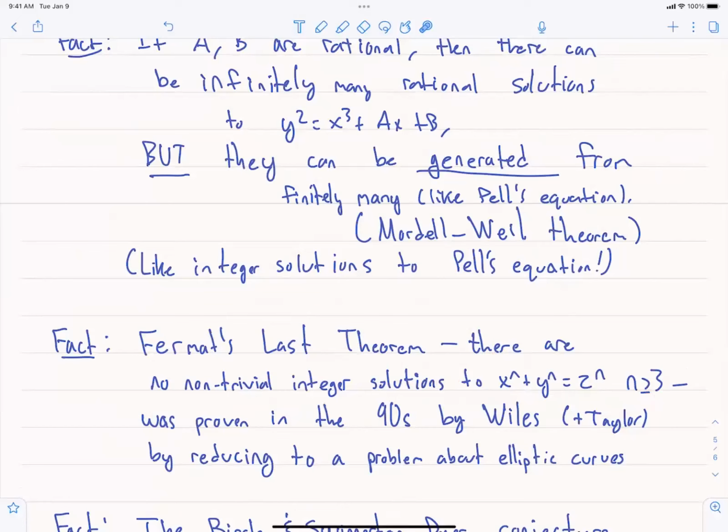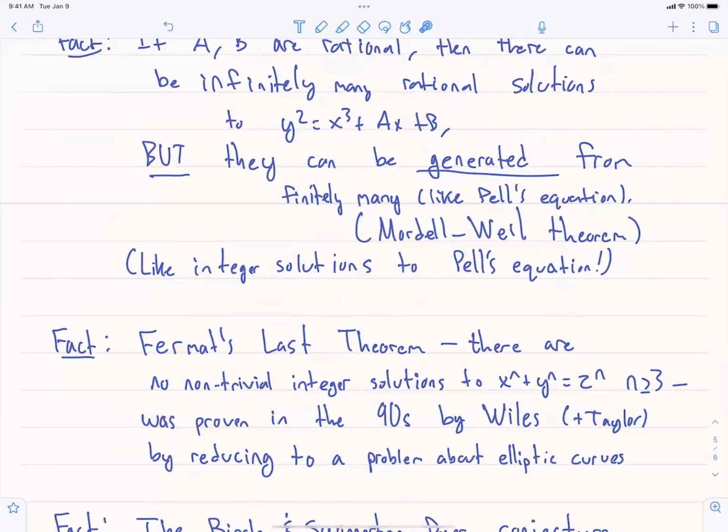The result they proved doesn't look like it's about elliptic curves, but the way they proved Fermat's last theorem is by reducing this statement about solutions to x^n plus y^n equals z^n to some problem about elliptic curves. That problem ended up being a very hard problem about elliptic curves, but that's the problem they actually solved.